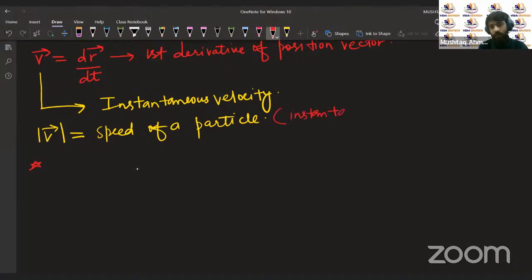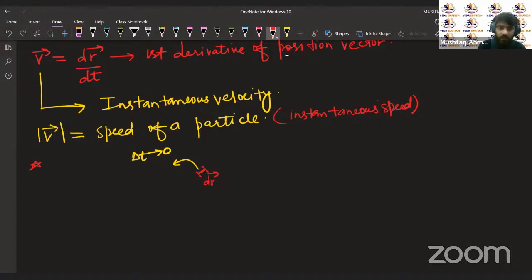Suppose this displacement is for a very short time, such that delta t tends to zero. In this time, the displacement will be a very short length, as if it's a straight line for this time interval delta t, from here to here. So this is the dr vector.